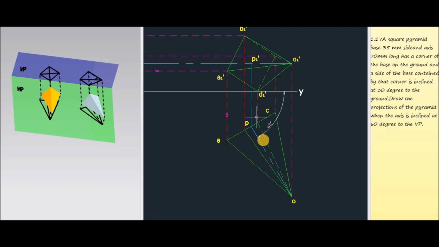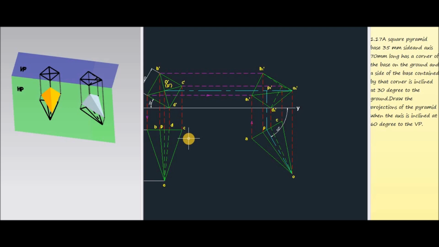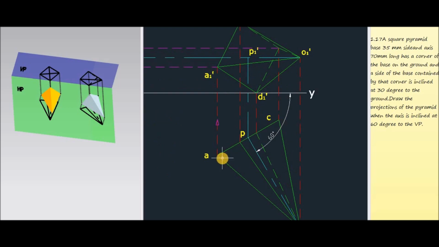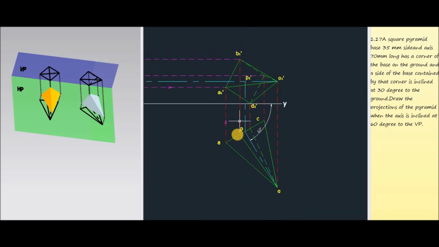So first of all draw a line. This line makes an angle of 60 degrees with the XY line. Then project all the dimensions from the initial case, from the initial top view. Mark all these dimensions. Then mark the corners here A, B, C, etc. Then mark the vertex O. Join all these corners. Then this will be the top view corresponding to the 60 degree inclination of the axis with the XY line.